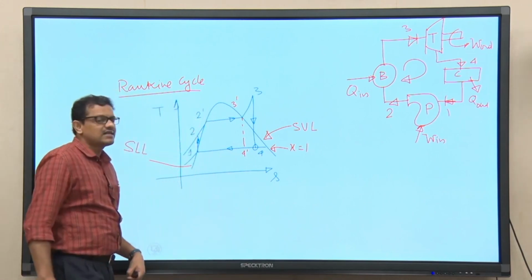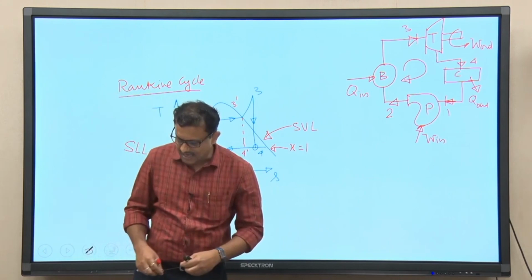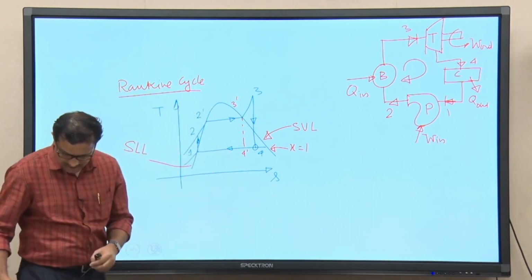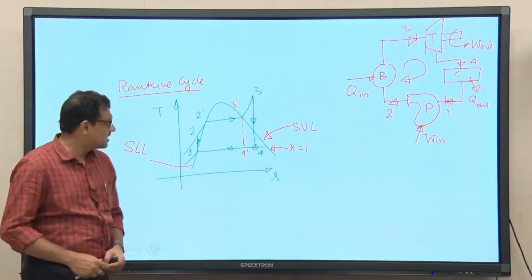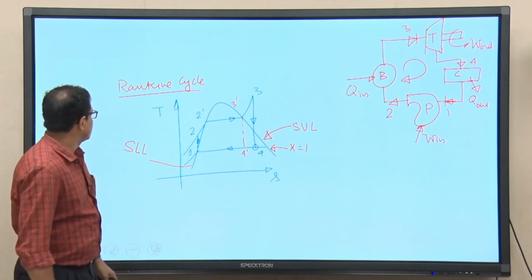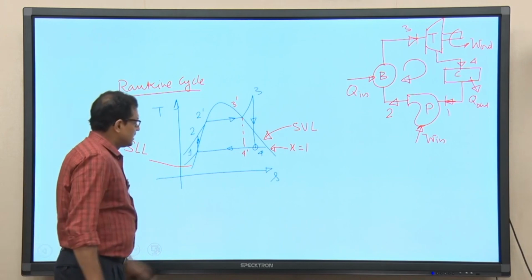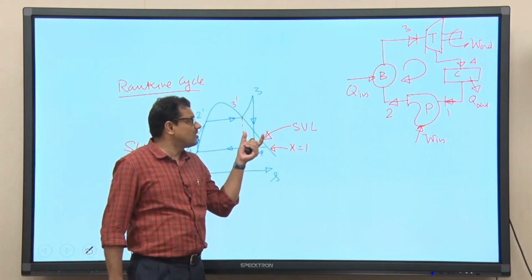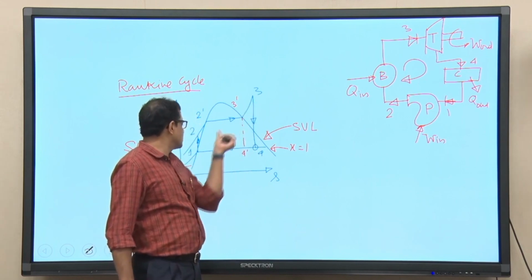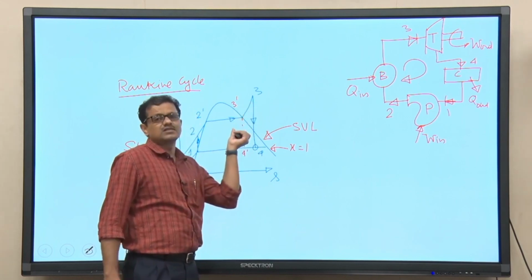Now, this is the TS diagram. So, you can understand that the problems or drawbacks associated with the Carnot cycle now can be eliminated by using this Rankine cycle. This cycle is known as the simple Rankine cycle. Still we can call it the simple ideal Rankine cycle, because we are assuming that the processes are reversible.